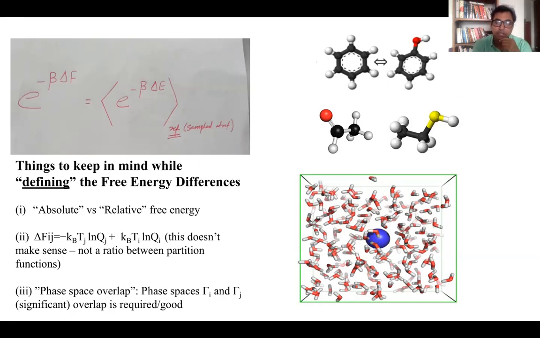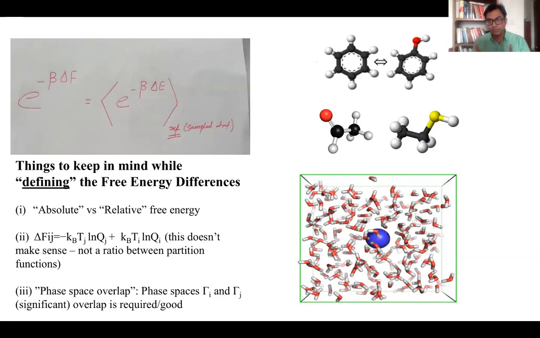For example, suppose you're asking the question, what is the free energy difference between putting, let's say, a benzene in water versus a phenol molecule in water? Again, you run your simulations for whatever time you want. You create a column where you find the energies with the reference energy of benzene, with all the water around it, 1 million steps, you have one column.